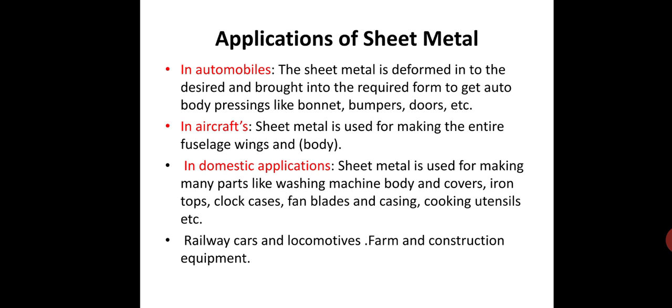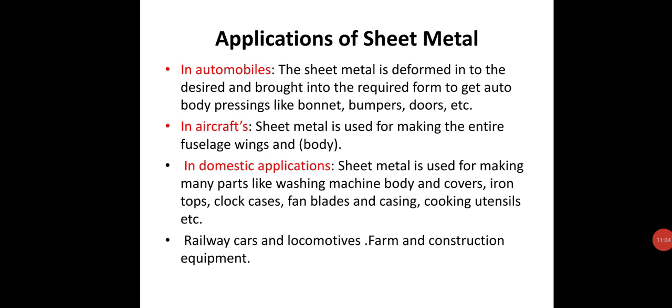Here are some of the applications of sheet metals in the automobile industries. The sheet metal is deformed into the desired shape and brought into the required form to get auto body pressings like bonnet, bumpers, doors, etc. In aircraft, sheet metal is used for making the entire fuselage, wings and body.